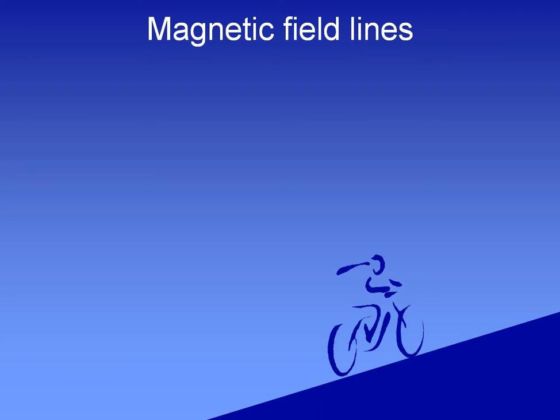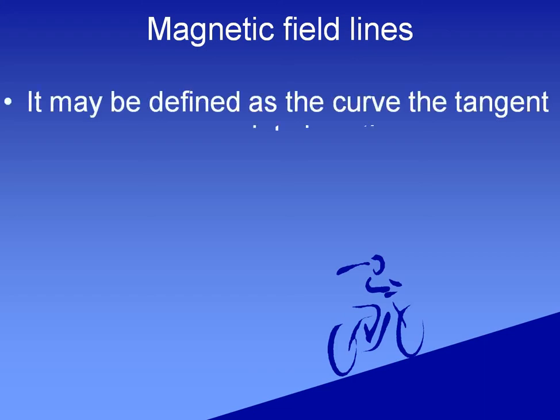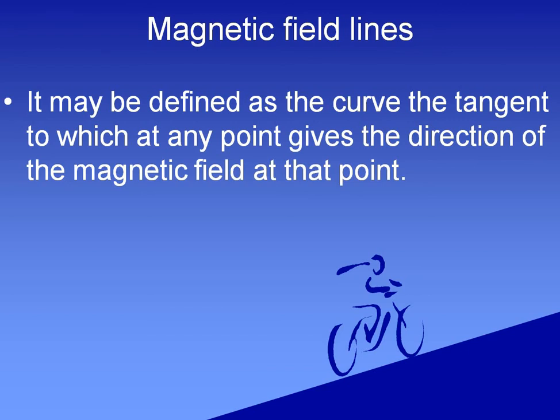So what is meant by magnetic field lines? First of all, we will see the definition. It may be defined as the curve, the tangent to which at any point gives the direction of the magnetic field at that point. It is a curve, and at each and every point of that curve you can draw a tangent.